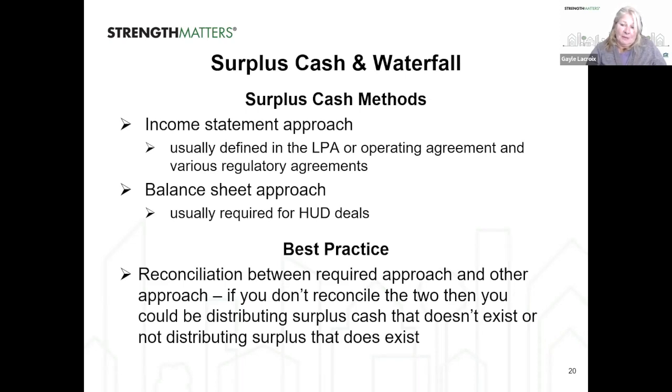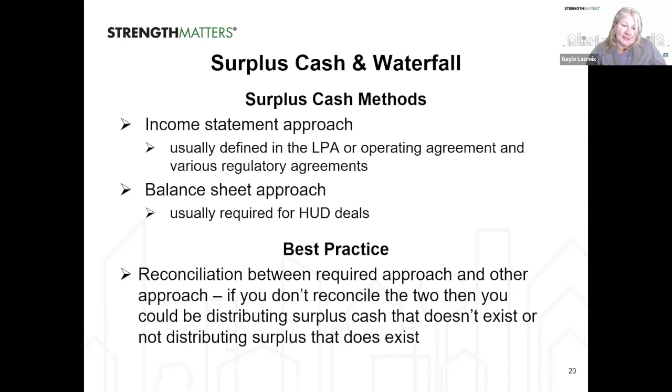Or maybe your property wasn't cash flowing on the income statement approach, but there was cash accumulating on the balance sheet. It's now trapped on the balance sheet. And if you're only looking to current year operations to tell you what you can distribute, you have no opportunity to distribute any excess cash that might be sitting on the balance sheet. I've had that happen on a couple of deals. So you've got to think hard about how to work your way around that.